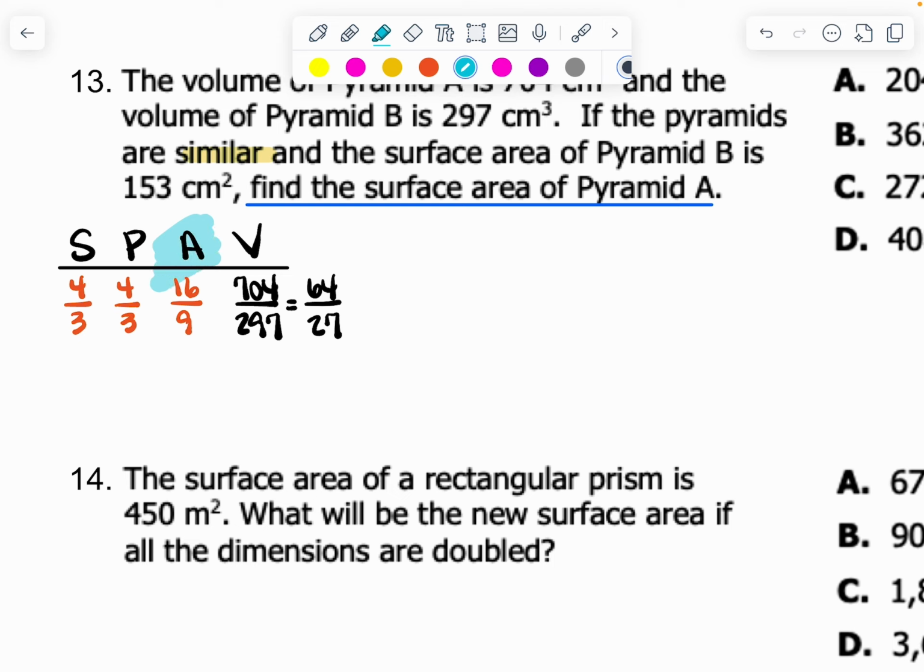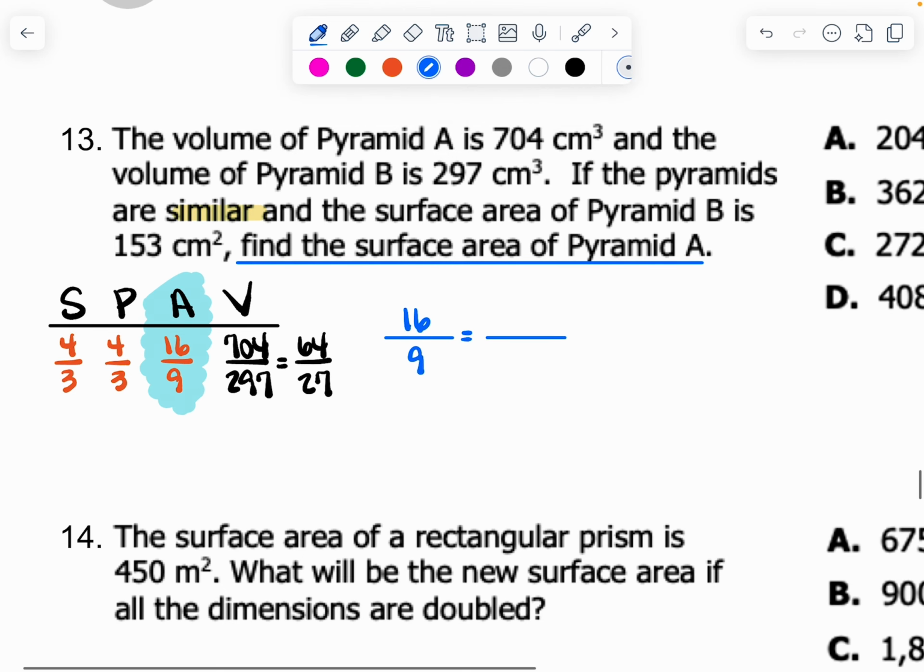And we can see from the problem that it says find the surface area of pyramid A, right? So that means I'm clearly using the area ratio in my SPOV chart. Remember, don't just use whatever numbers you want. You have to be very purposeful in the numbers you choose in your proportion because they have to be in matching dimensions.